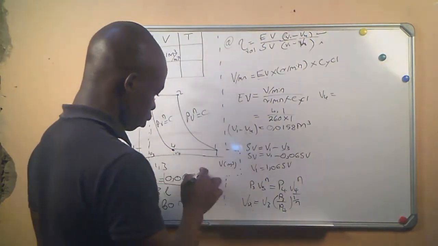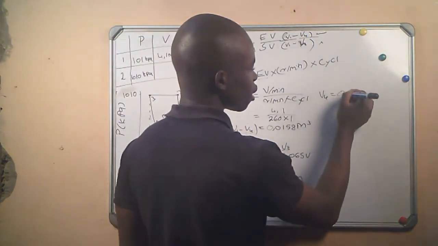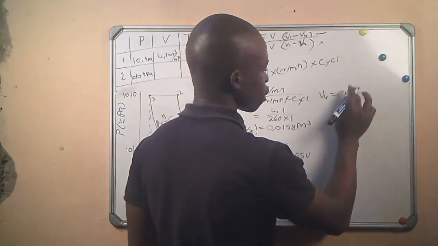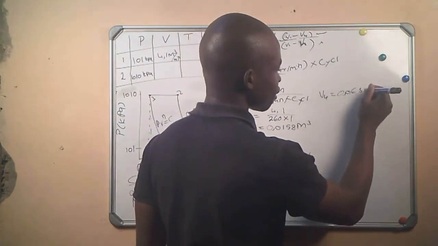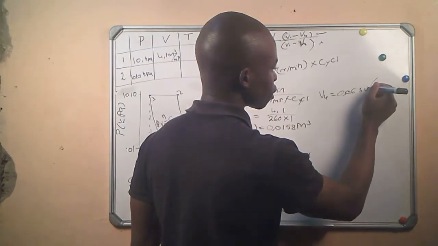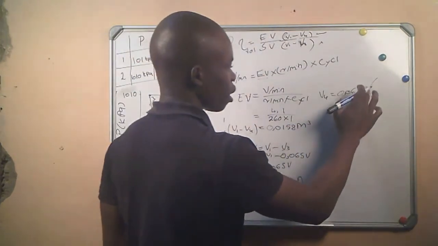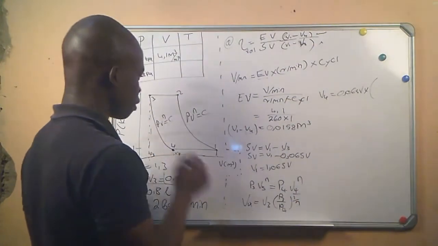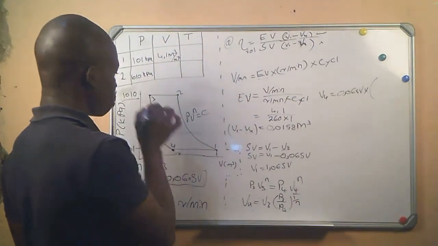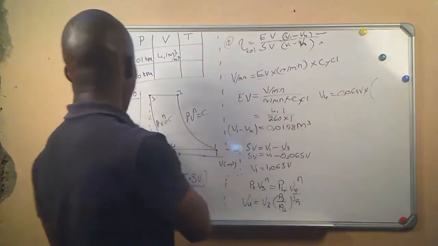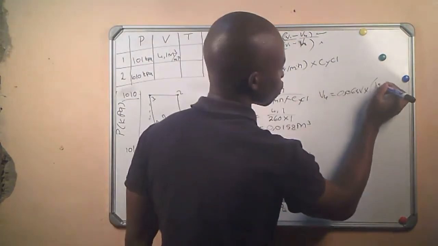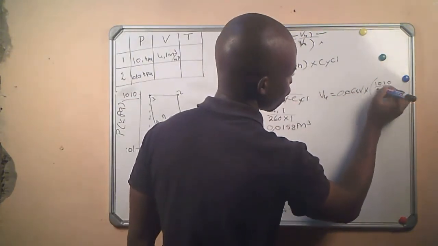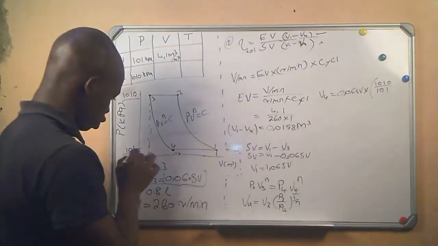Our V3, we know it's this 0.06 SV, times our P3. Our P3 is 1010, divided by 101, which is this.